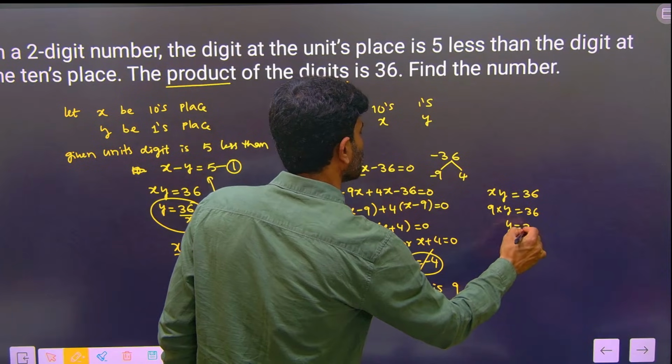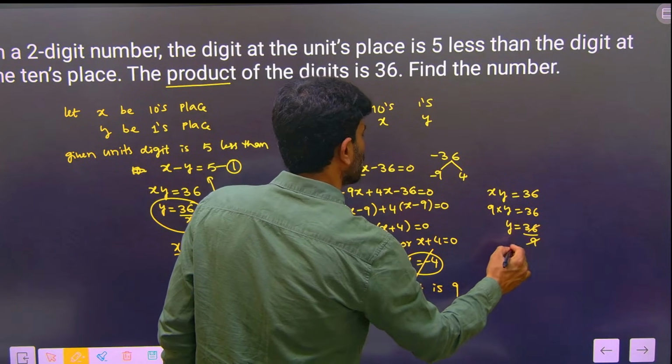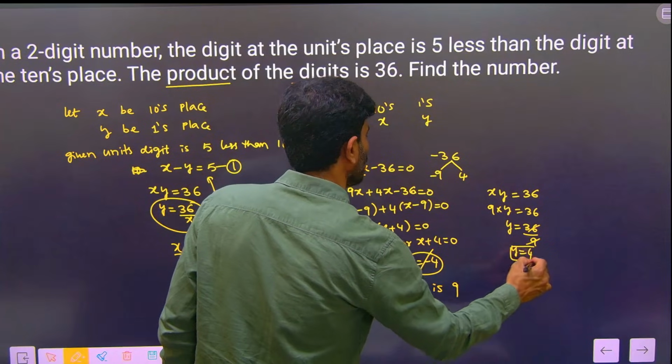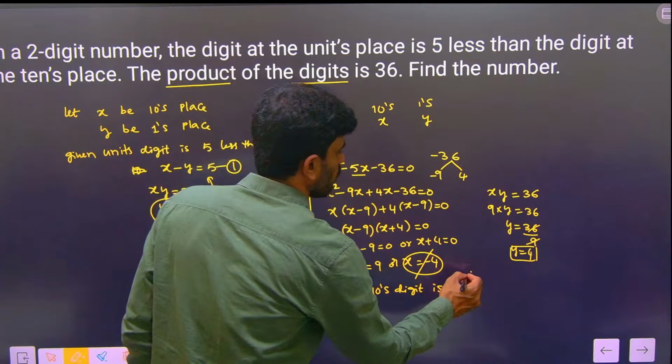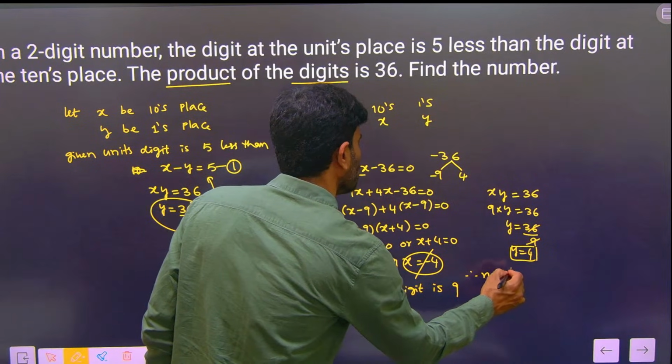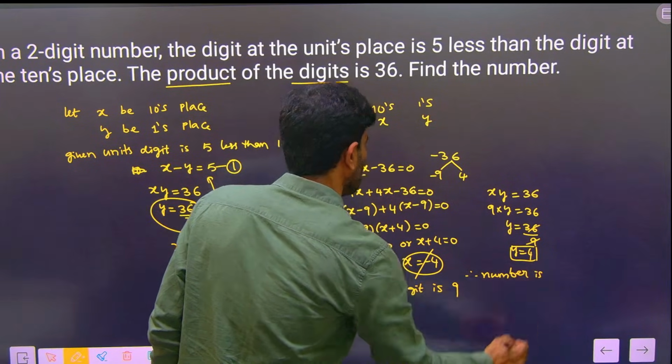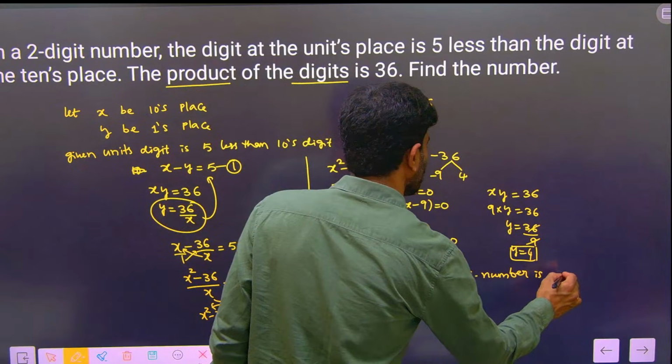Y is equal to 36 by 9. Y is equal to 4. So tens digit is 9, ones digit is 4. Therefore, the number is 94.